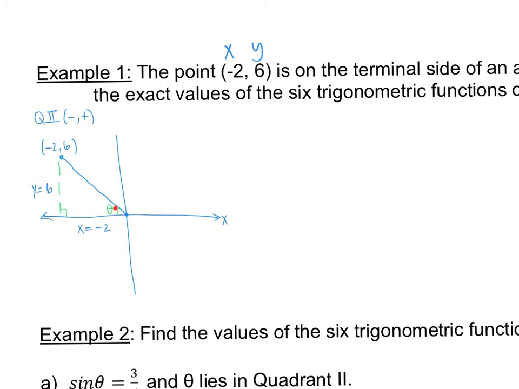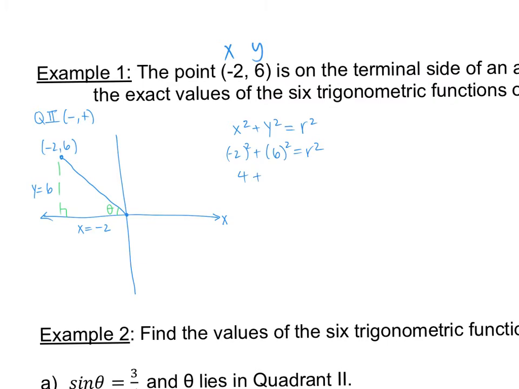Now, for the radius is what we're missing. So we need that part of the triangle because that helps us get all the 6 trig values. So we are going to start by getting the radius by using that Pythagorean theorem, x squared plus y squared equals r squared. So I can plug in my x, which is -2, and I can plug in my y, which is 6, and solve.